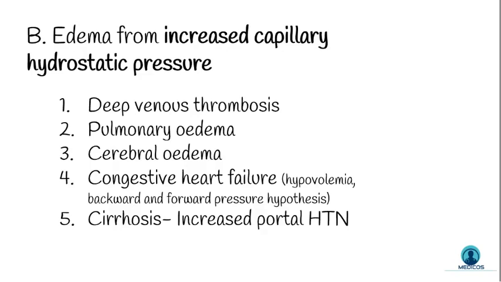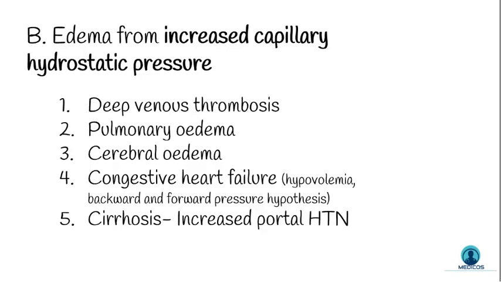The second mechanism is the back pressure hypothesis, which means the backing up of blood behind the failing heart will elevate the central venous pressure, or pressure in the vein. And the third mechanism is the forward pressure hypothesis, in which chronic hypoxia may injure the capillary wall and cause increased capillary permeability and result in edema.